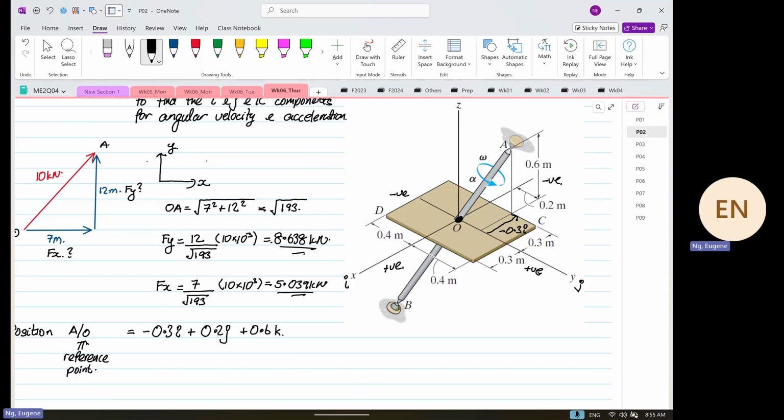So in terms of J, this is equal to 0.3 J positive relative to O. And likewise, in terms of K, going up is positive, going down is negative. So from here, this is 0.6 K and it's positive. So that's how we get there.